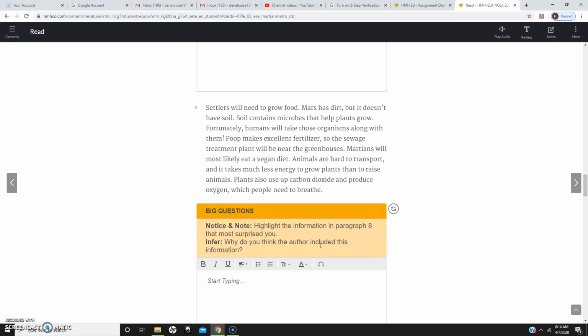Martians will most likely eat a vegan diet. Animals are hard to transport, and it will take much less energy to grow plants than to raise animals. Plants also use up carbon dioxide and produce oxygen, which people need to breathe.